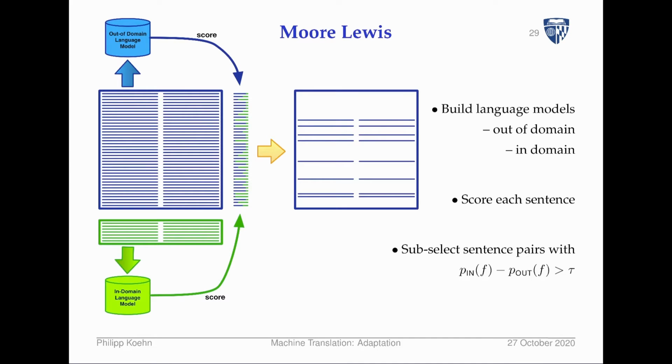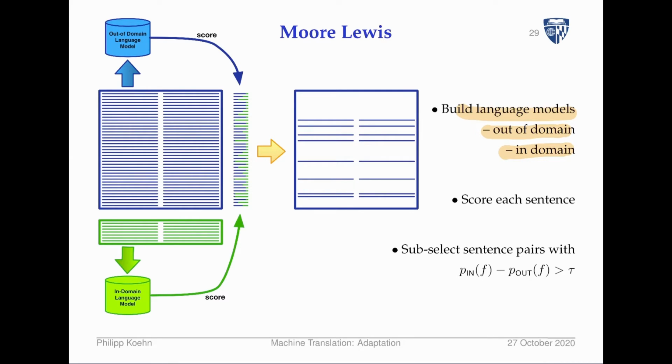The standard method that has been pretty firmly established at this point is called Moore-Lewis. The idea here is that you build two language models, one on all the out-of-domain data and one on the in-domain data.